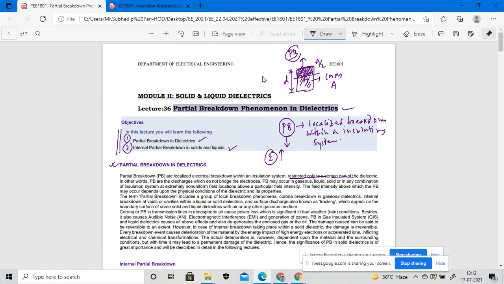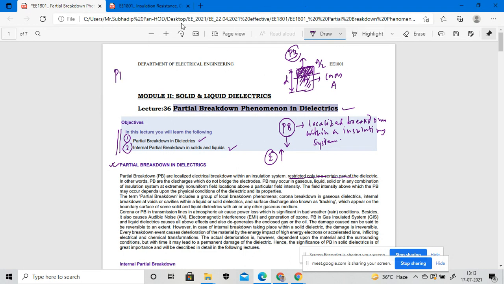So these are the two major things we have to take into consideration for the partial breakdown process: one is the physical condition of the dielectric, and the second is the properties of the dielectric. We need to check these two things before considering partial breakdown.